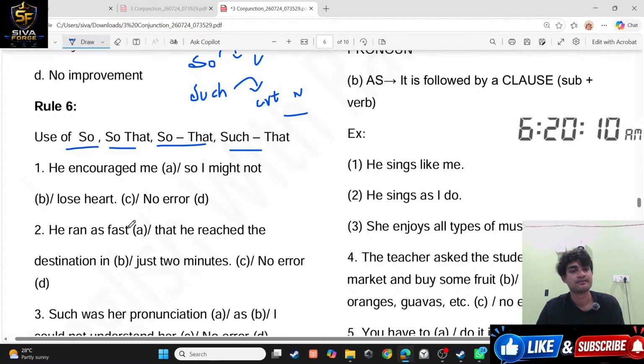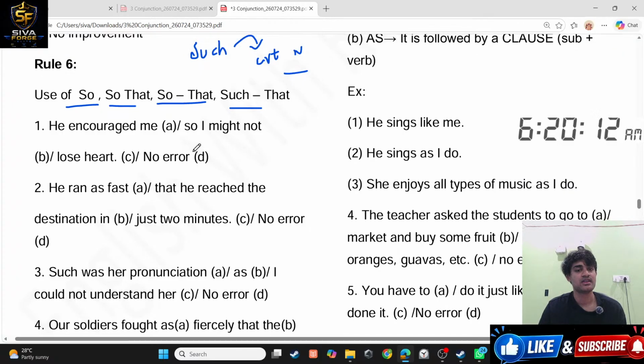Let's see here. He encouraged me. So tells the conclusion. So that tells the purpose. I have to remember examples, then only I can. We eat so that we may live. Purpose. It tells the result.